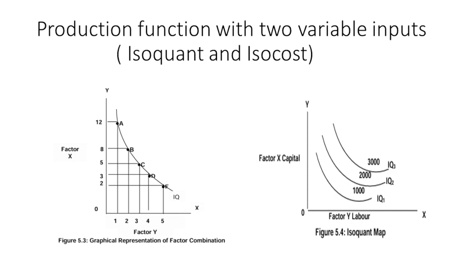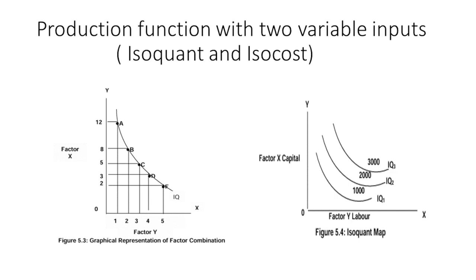We can see the different points A, B, C, D, and E. These are the levels of output produced using different combinations of labor and machinery.